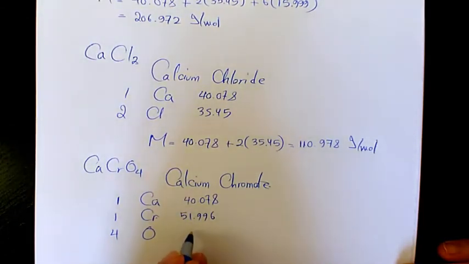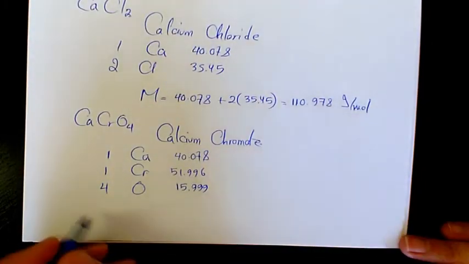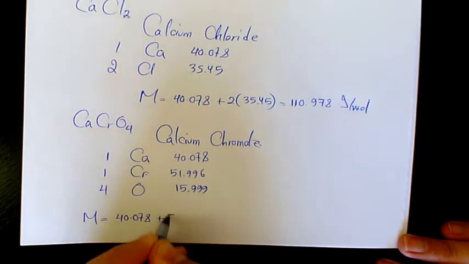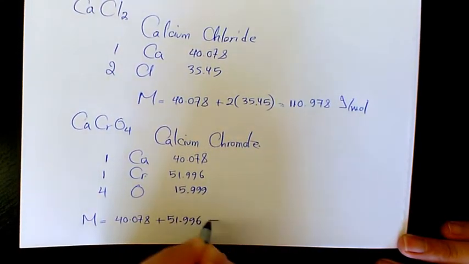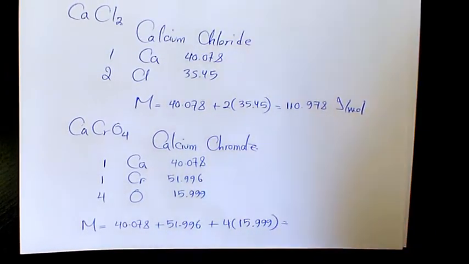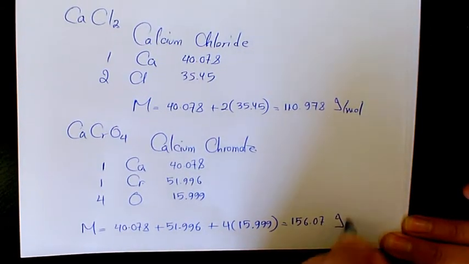Oxygen is 15.999. So molar mass is going to be 40.078 plus 51.996 plus 4 times 15.999. So that's going to be 156.07 grams per mole.